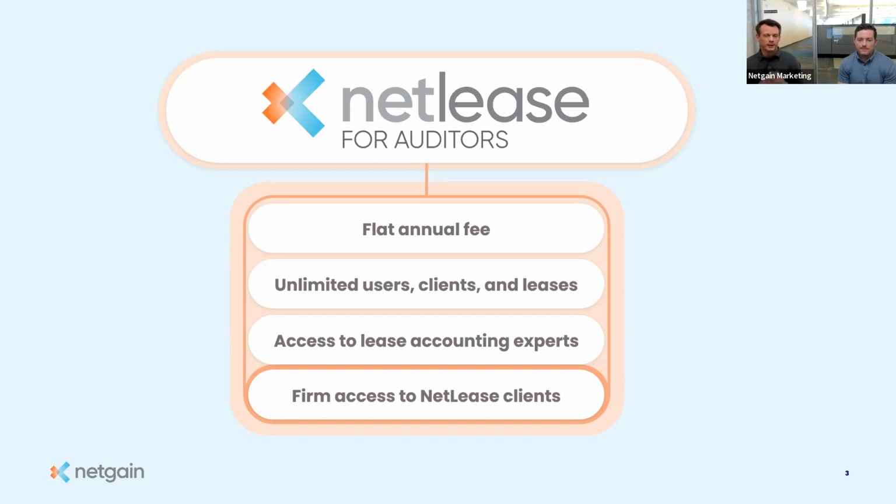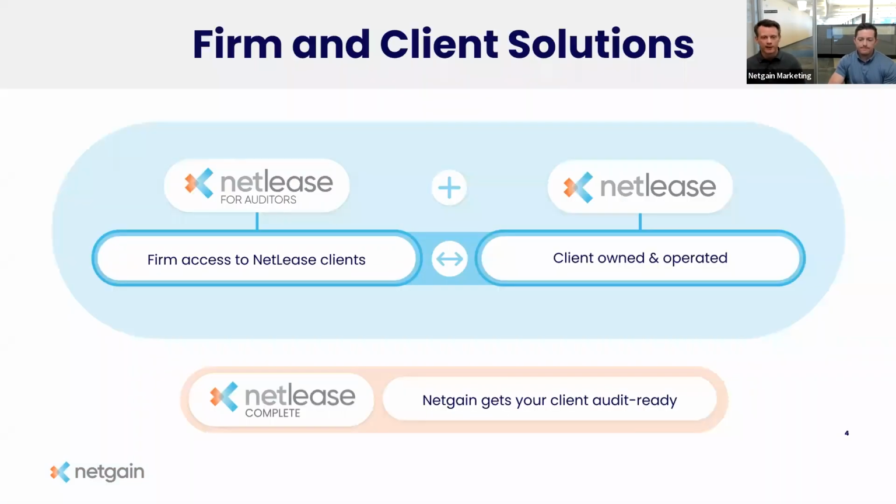Right. So again, NetLease for auditors, for the flat fee, is built specifically for your firm, but you can utilize that tool in really a variety of fashions. The first way is to use the tool as an audit tool, auditing your clients' independently calculated ASC 842 numbers. You have a known trusted solution to verify those numbers.